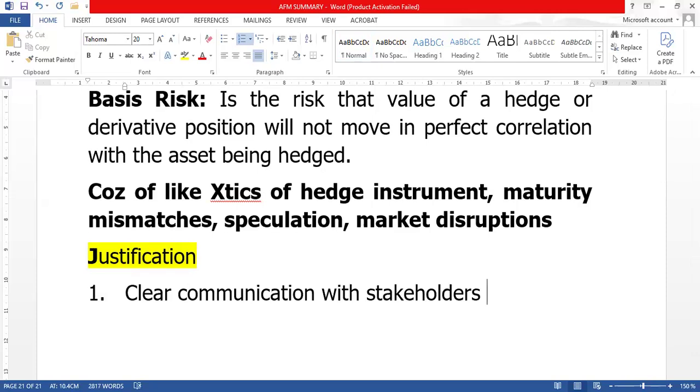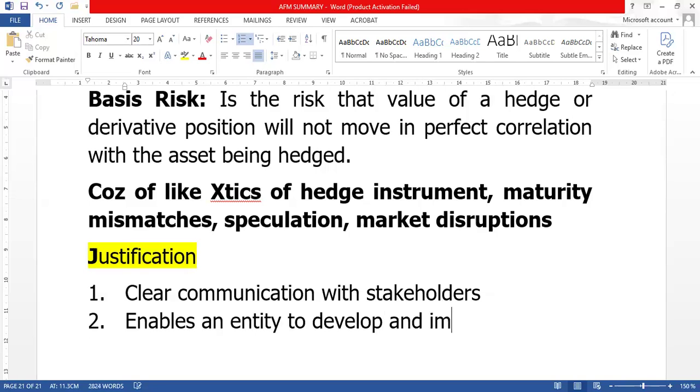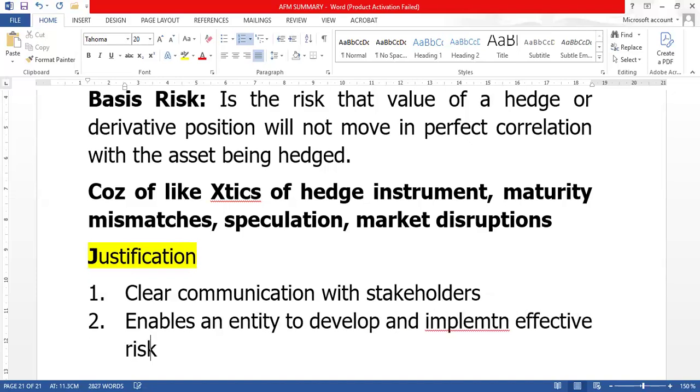It provides stakeholders with valuable insights. It also enables an entity to develop and implement effective risk management strategies.